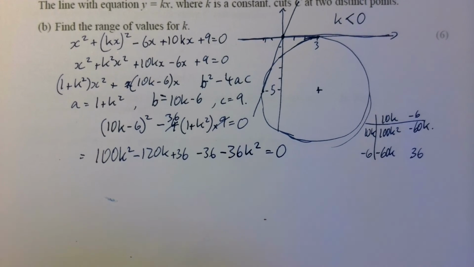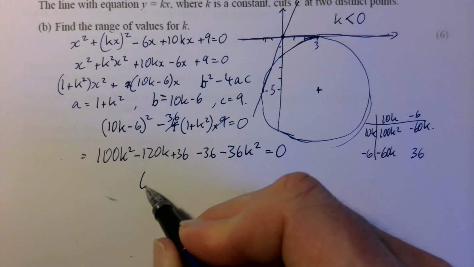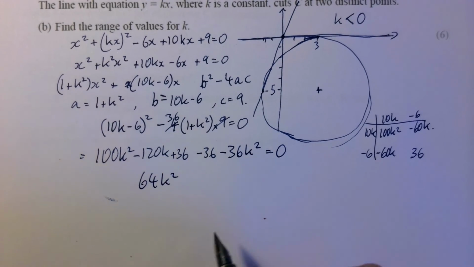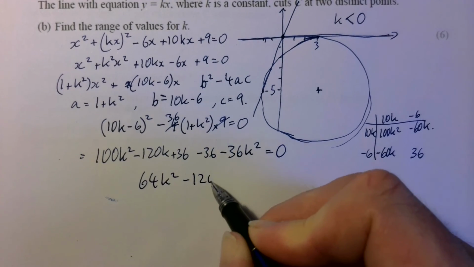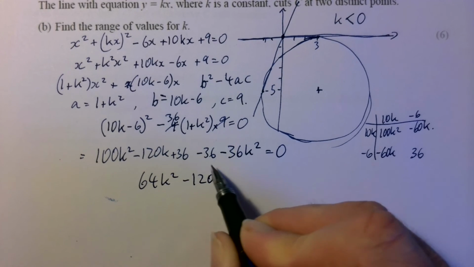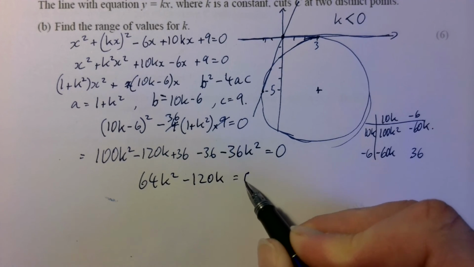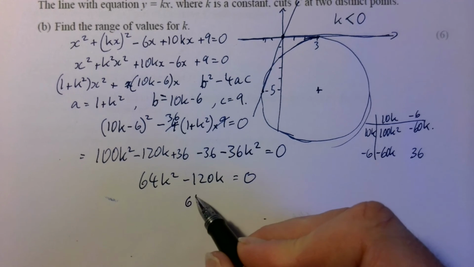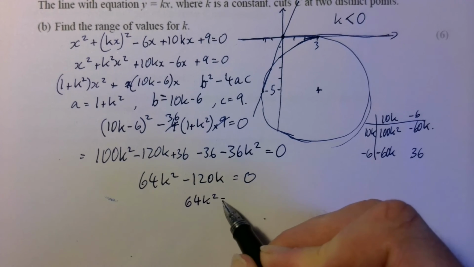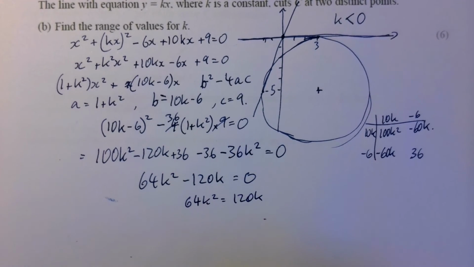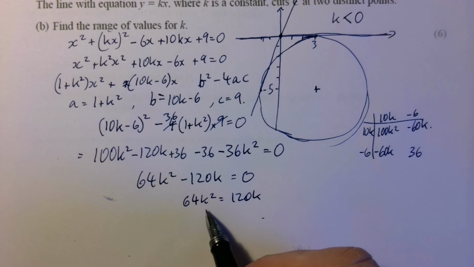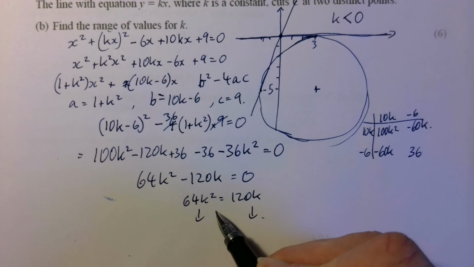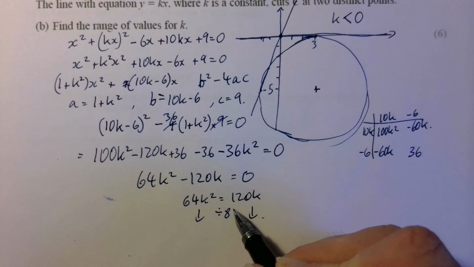Right, let's simplify what we've got. 36 from 100 is 64k squared. Take 120k, and the 36 and negative 36 cancel out. Right, let's have a go at solving this for k. Let's move the 120 across to the other side. Right, now I reckon I can divide both sides by k, but I can divide them both by 8 as well, because 8 goes into both those numbers.